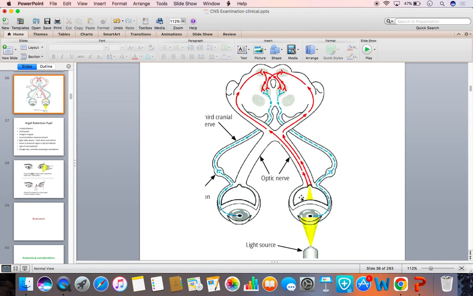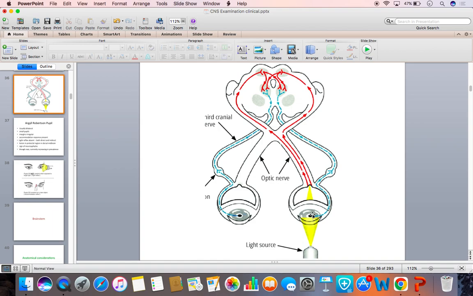The direct reflex in this particular eye is tested by focusing the light on this eye and looking for the response in the same eye. That is direct response. When you stimulate the eyeball of the opposite side and look at the pupillary constriction in the testing eye, that is the right eye, it's called indirect reflex.